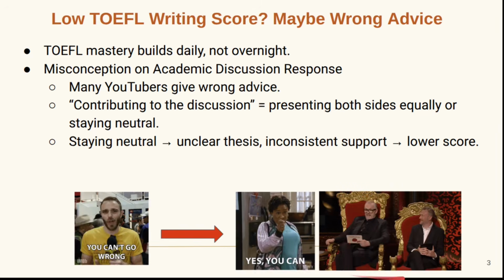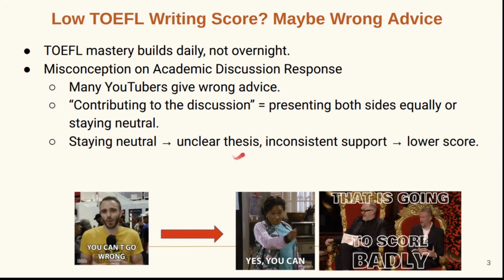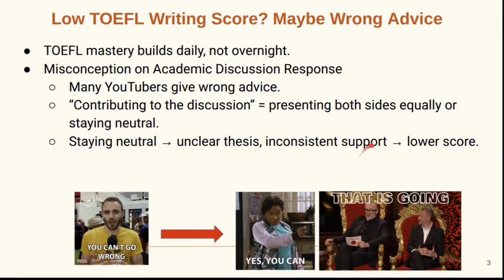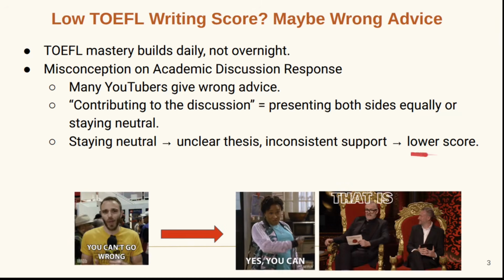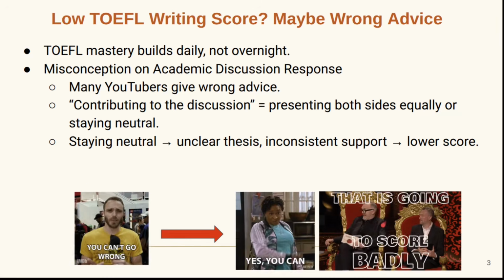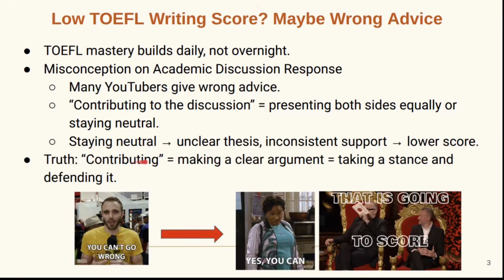When you try to stay in the middle, your response often loses a clear main point or becomes inconsistent, sometimes even scoring lower because the thesis states one idea while the body supports the opposite. What contributing to the discussion really means is making an argument.